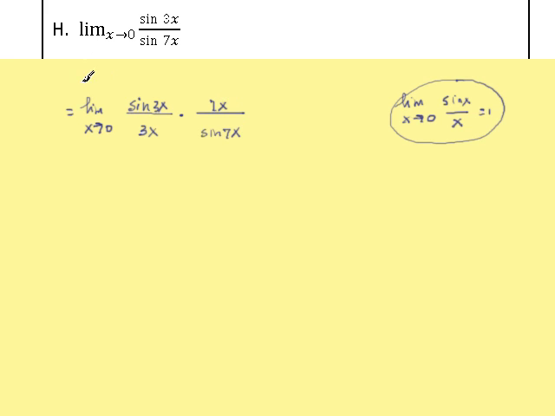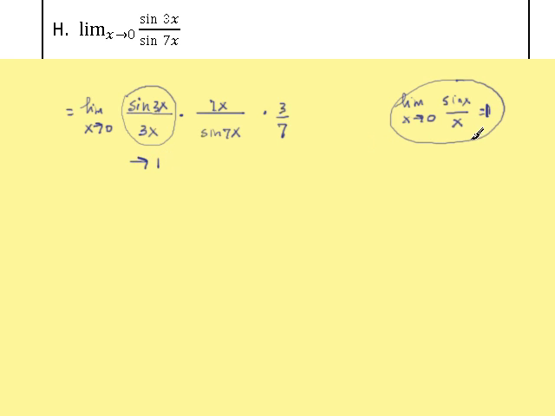Now, these two are not equal. The x's cancel, but we have a 7 here and a 3 here. To make up for that, let's multiply by 3 over 7. Now these two expressions are equal: 7 over 3 cancels with 3 over 7, and the two x's cancel. We did that because since x goes to 0, sine 3x over 3x also goes to 1. So this piece goes to 1.